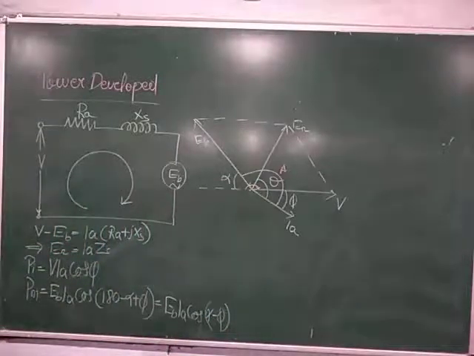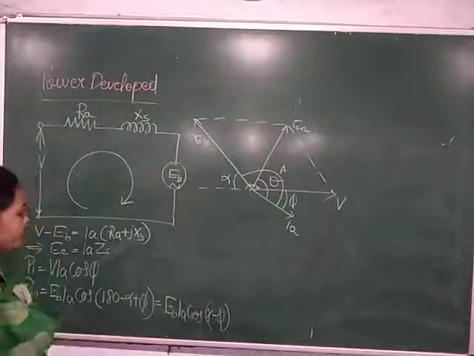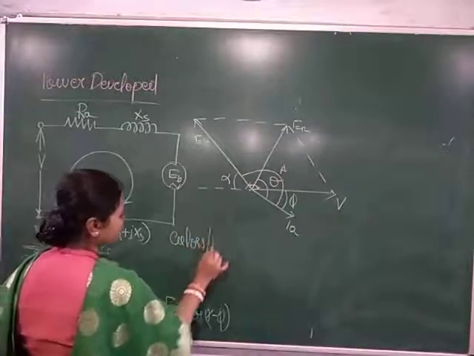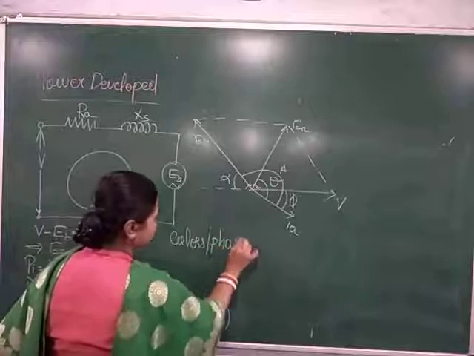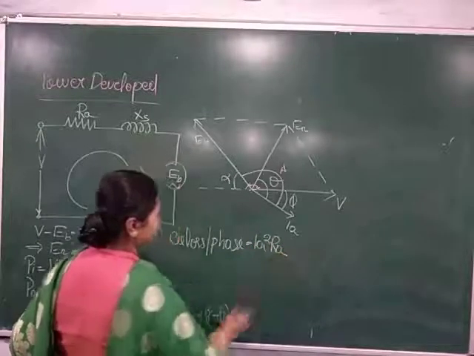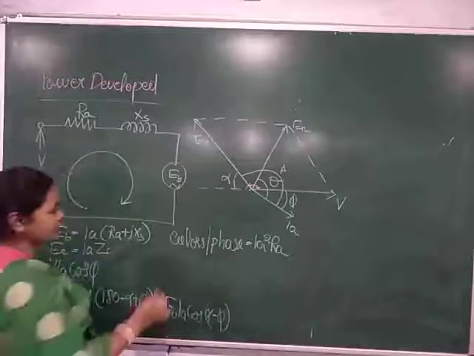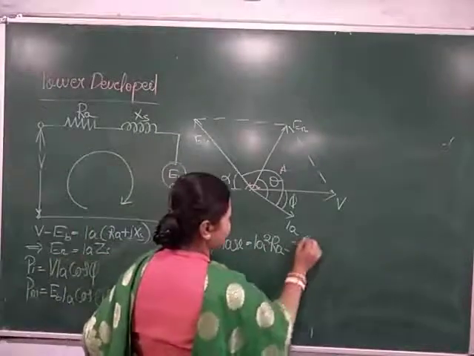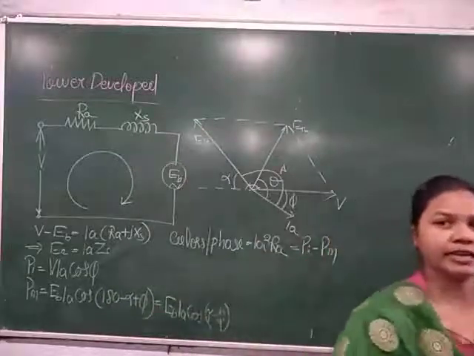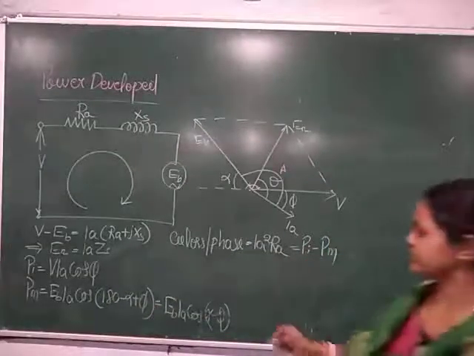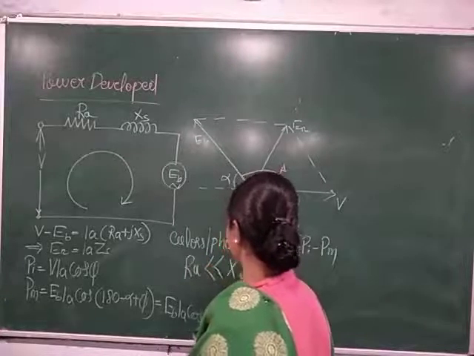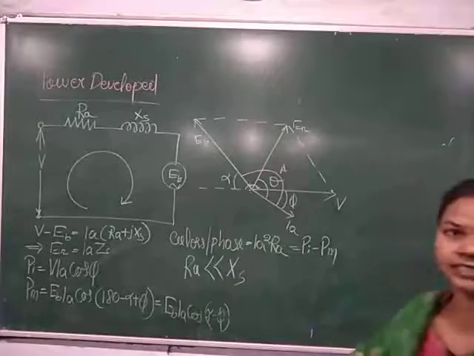Now in case of a synchronous motor, the copper loss per phase is Ia square into Ra. That is equal to input power minus mechanical power. In a synchronous motor, resistance is very much less than its synchronous reactance, so it is negligible.